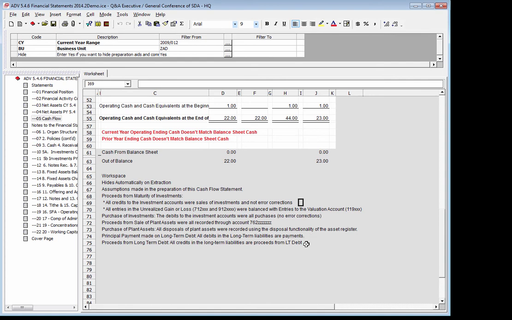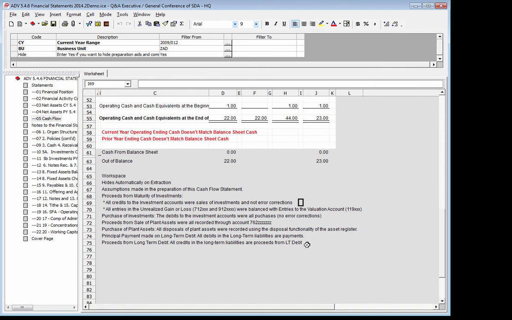If you have an error correction that is not really a payment but really a reduction of the proceeds, then your payment will show and your proceeds will be overstated, and so the two offset each other, so your cash at the end balances. So what you have to do to fix that is to extract these statements, take them out to Excel, and remove that error correction by reducing the payments and reducing the proceeds.